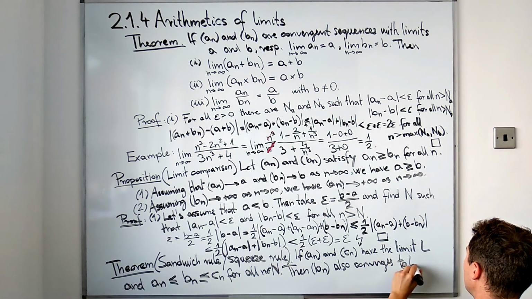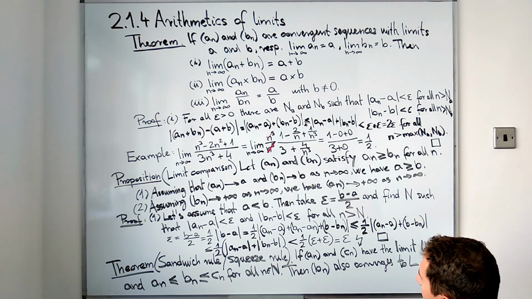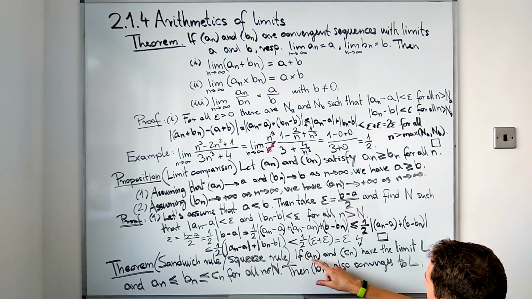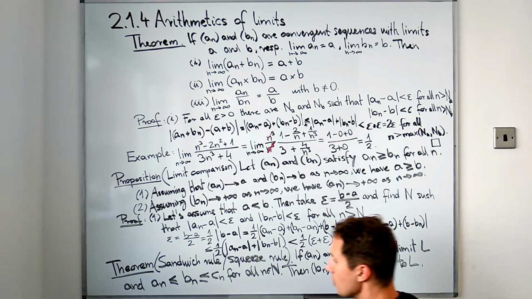to that limit L. Okay, so to prove this, we just simply have to notice that in order for An to converge to L and Cn to converge to L, we have to use the definition of convergence.